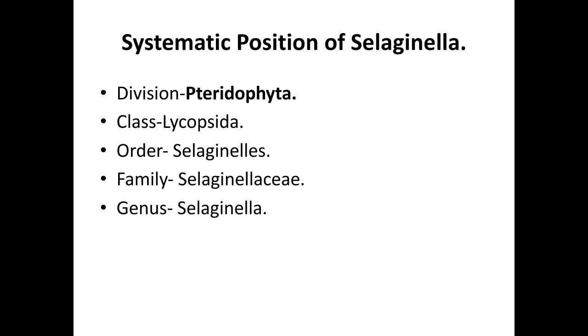Then the microsporophylls and megasporophylls form a compact structure known as strobilus of Selaginella. Then sporophytes are heterosporous. Then the antherozoids are biflagellate type.